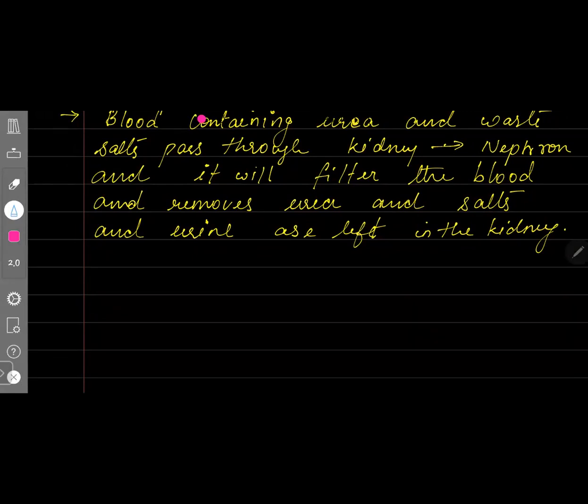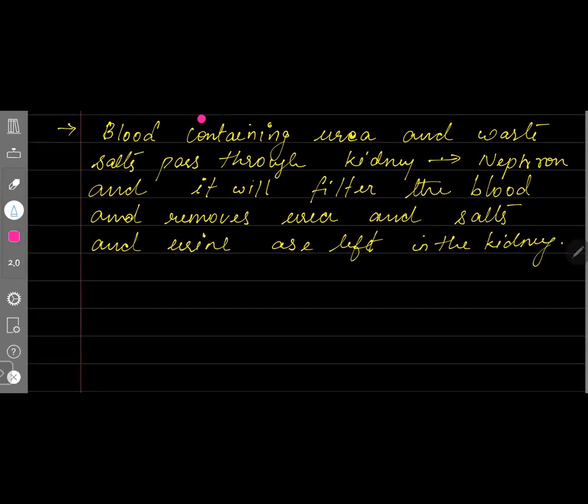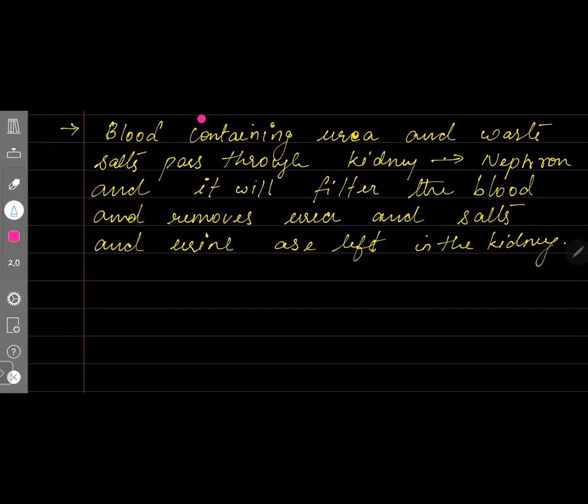So next we'll start. Blood containing urea and waste salt will pass through what? Kidney. So the nephron will filter it. As I've told you, take an example of tea. You are making tea in a kettle, then pouring the tea into a teacup with a tea filter. When you pour, all the liquid comes down to the teacup and the tea powder is filtered.